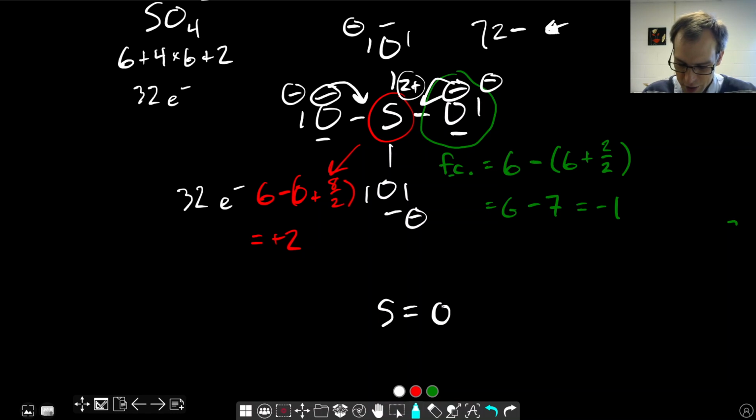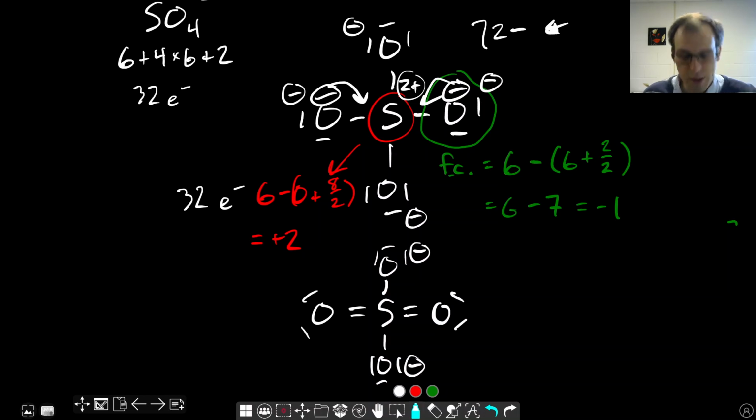So we can have an alternative resonance structure where we have double bonded oxygens and then single bonded oxygens as well. All right, so these oxygens are still going to have a negative formal charge. Those aren't going to change from what we calculated previously. But now both the sulfur and the other oxygens have changed. We'll put it in yellow to indicate that they're different. These are all 0 now.